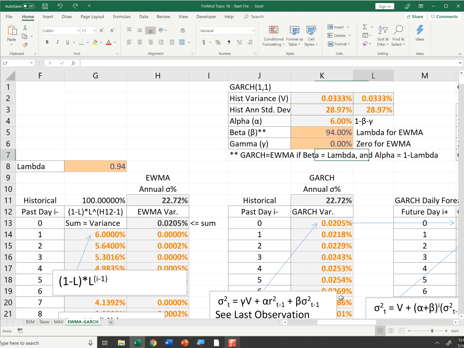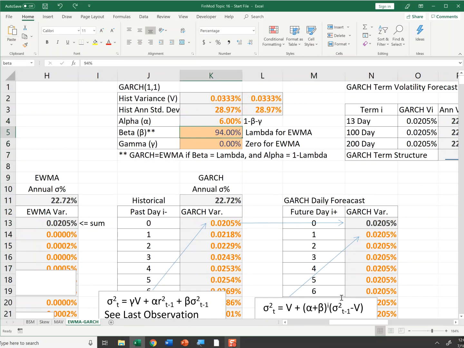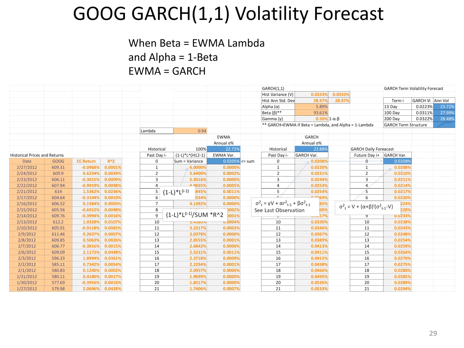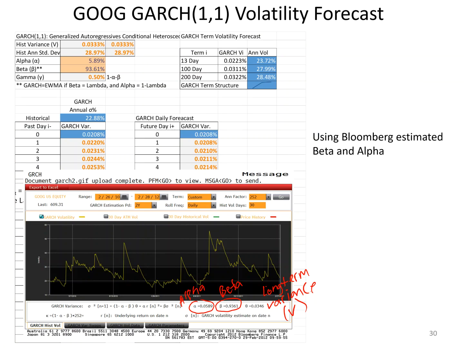However, when I want to use GARCH and I have a non-zero weight for gamma, I'm going to get a few of those weights by going to a Bloomberg screen. So let me show you a Bloomberg screen. This is the Bloomberg screen GRCH. I then put in Google stock and the same dates of my data for Google stock returns.